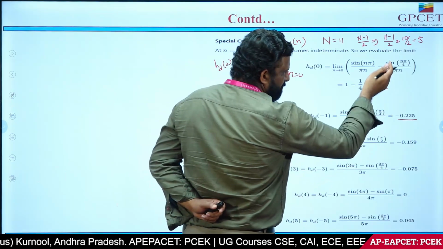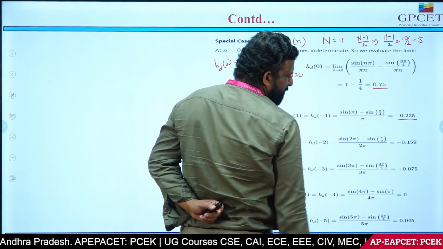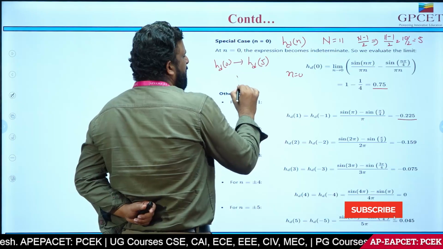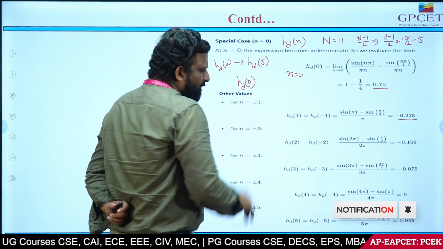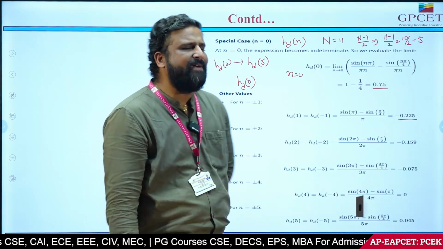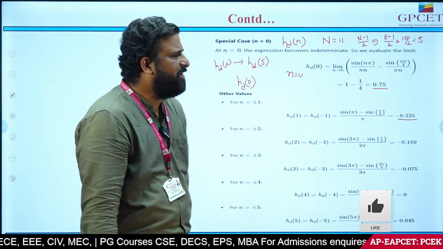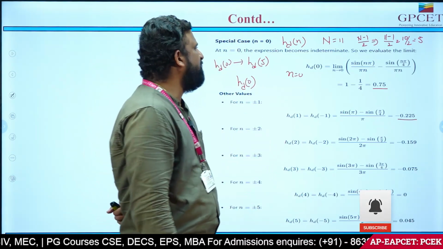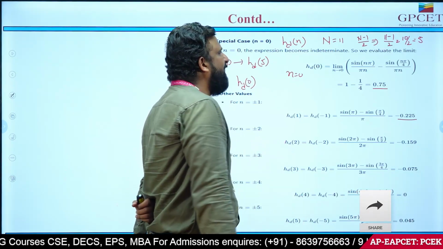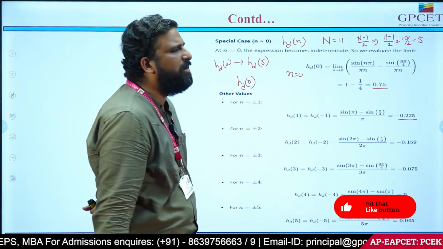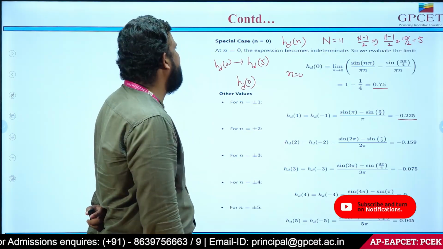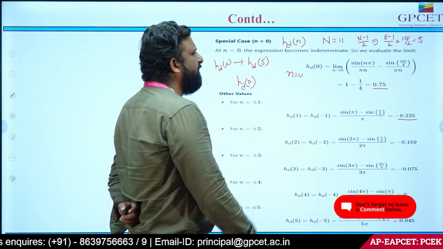So overall, we get the values from n equal to 0 to 5, which are nothing but the coefficient values of hd(n). In the first step, we derived the equation hd(n), then substituted n equal to 0 to 5 and found all the coefficients of the desired impulse response. So the first step is completed.